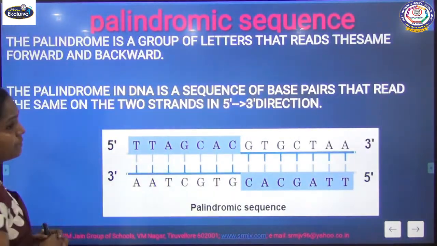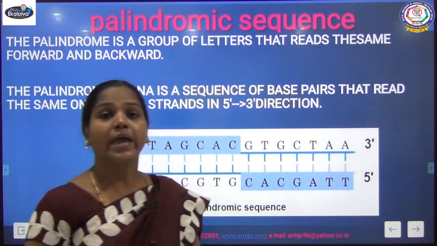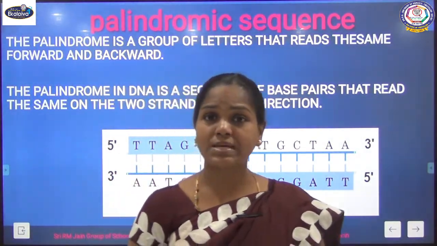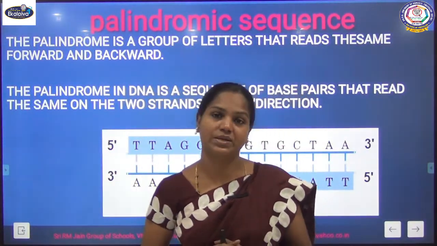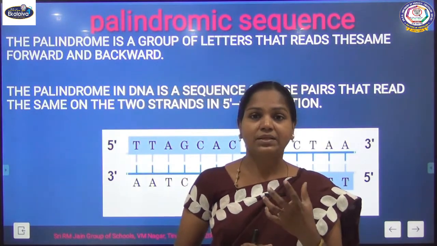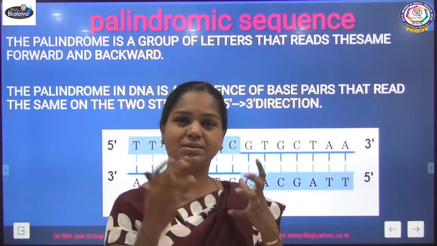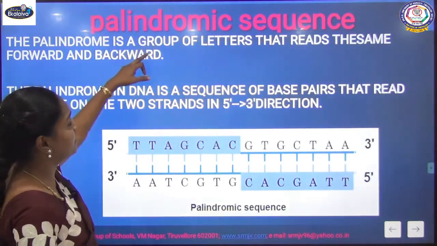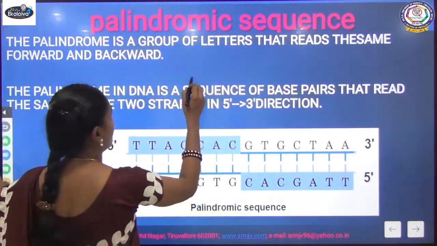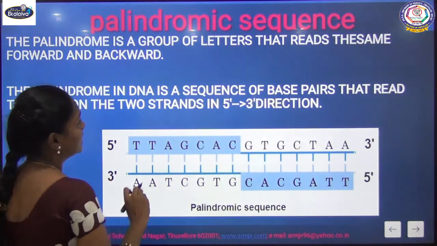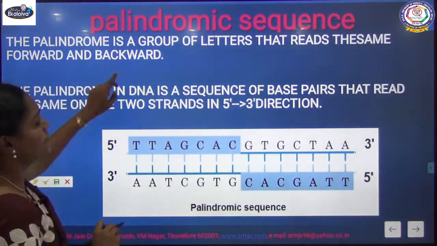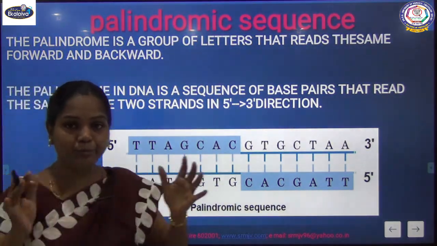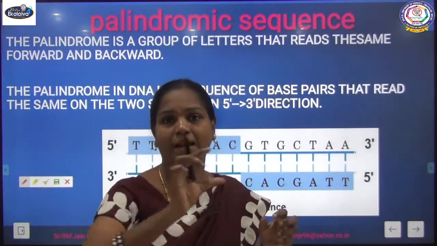Before going into the EcoR1 function, you should know something called a palindromic sequence. What is the meaning of palindrome? A palindrome is a group of letters that reads the same forward and backward, for example Malayalam.